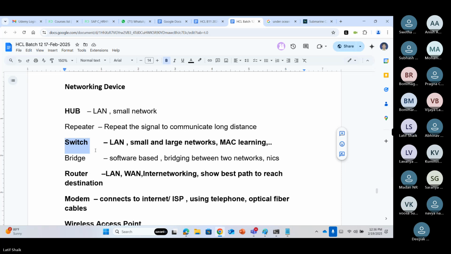Bridge. A bridge is actually not a physical device. It is like software. A bridge connects two different networks. The easiest example is a Wi-Fi hotspot. You are getting internet from 4G.